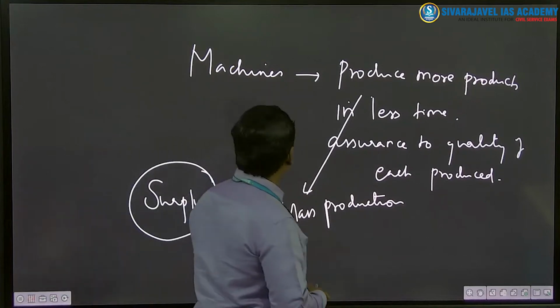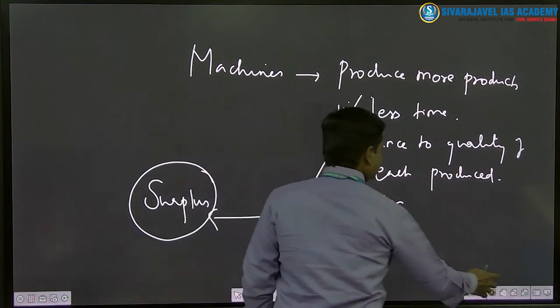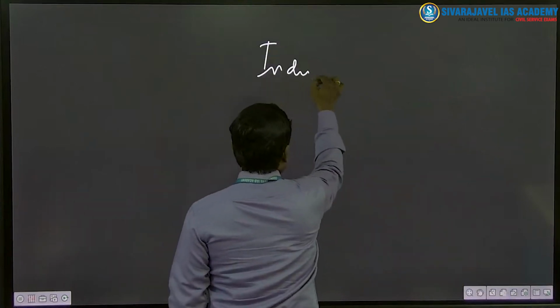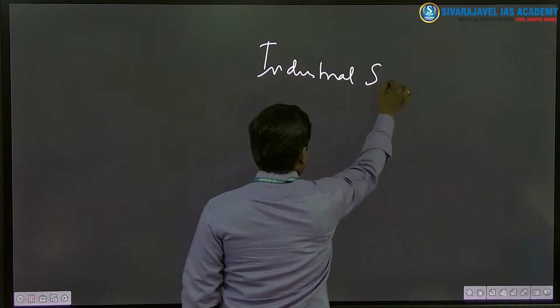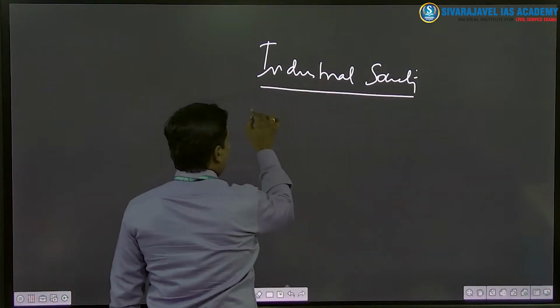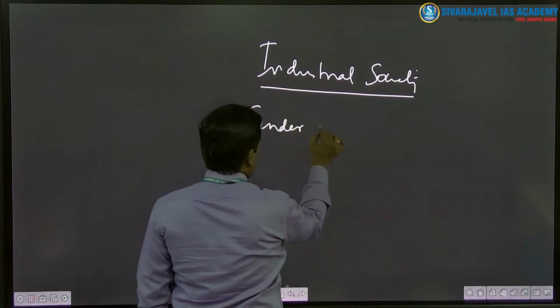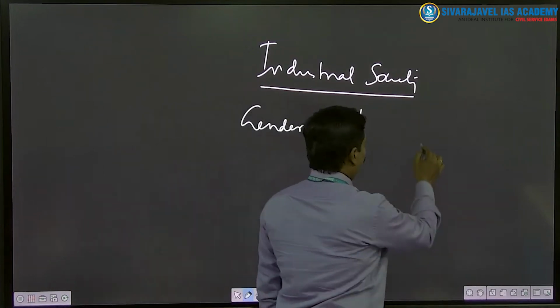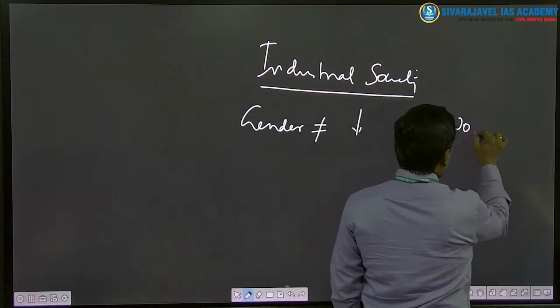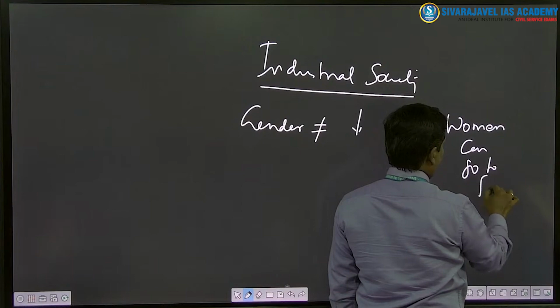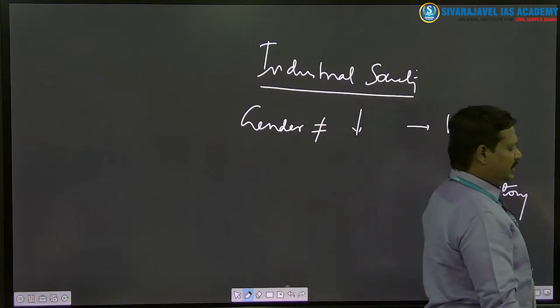And you know something, in this industrial society, gender inequality will reduce. Why, you know? Because women also can go to factory. So women can make money.